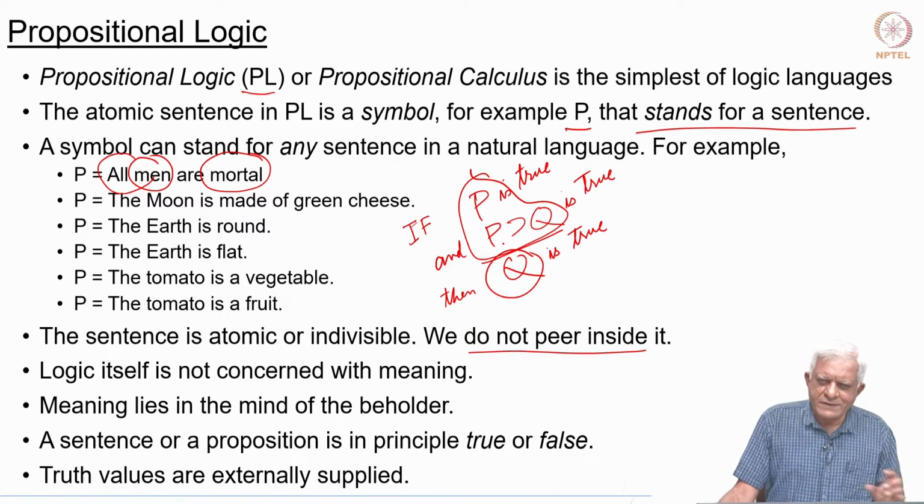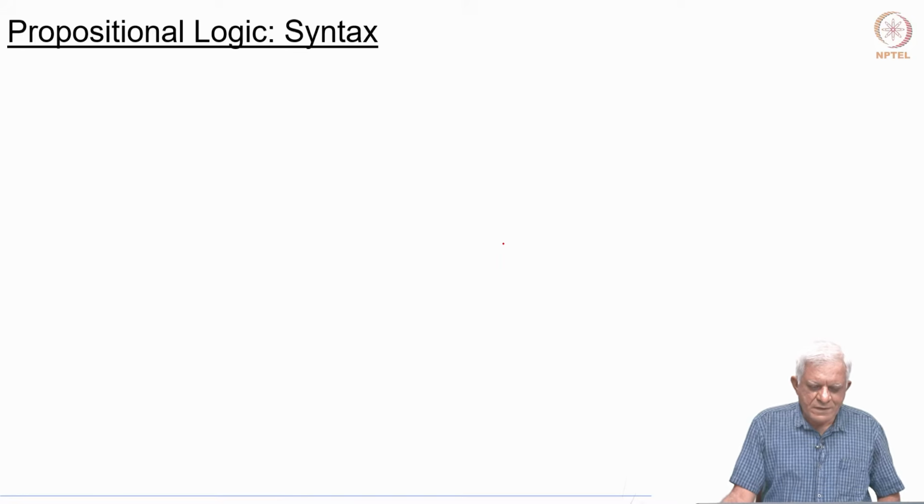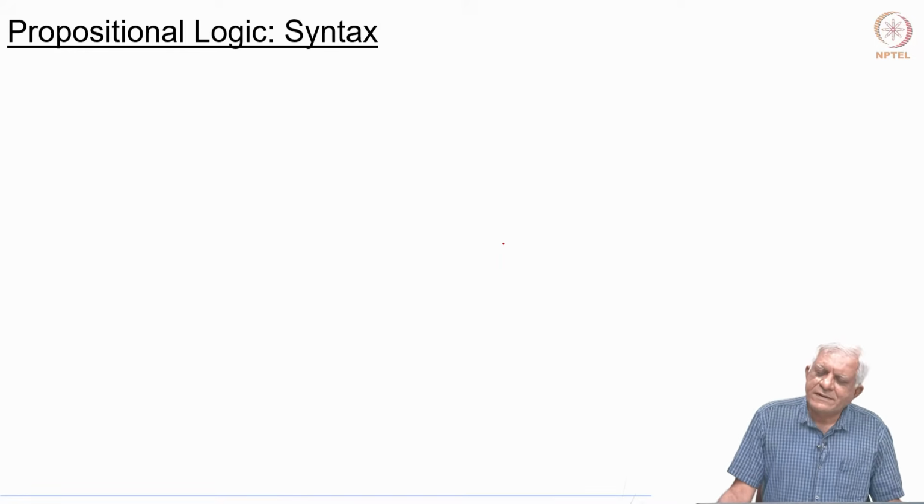But the basic unit of propositional logic is a proposition, which is a sentence that is atomic in nature, in the sense that you do not look inside what the sentence is saying. We had said that a formal language is a set of sentences.